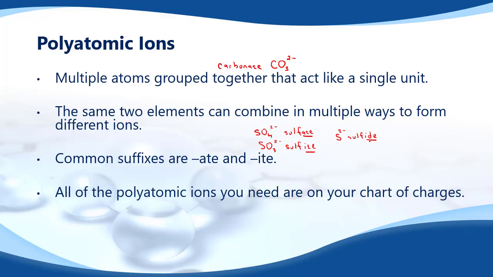And all of the ones that we are going to use this year are on your chart of charges. So the backside of your periodic table will have them. The negative ions are in the first column. The positive ions are in the second column. Now, I do need you to make one change on your chart of charges to one of the positive ions. This isn't how it works in real life, but I want to make it a little bit easier for you. If you have mercury 1, we're just going to call it Hg+.